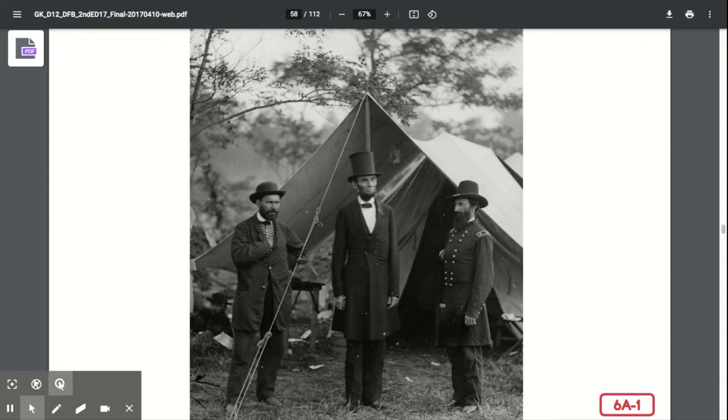What important document did Thomas Jefferson write? The Declaration of Independence. From what country did the colonies declare independence?